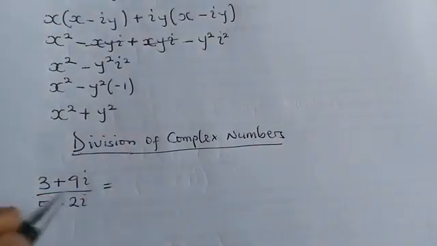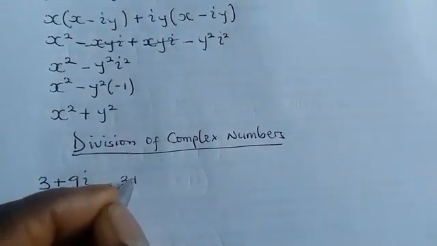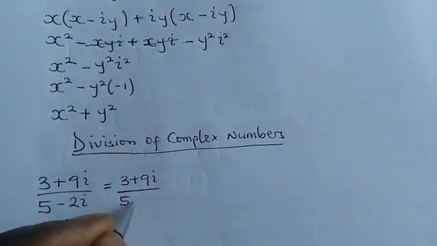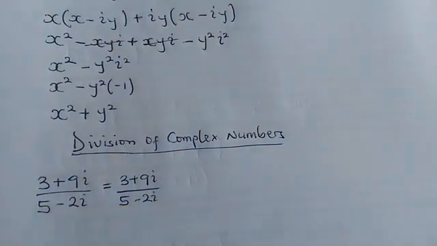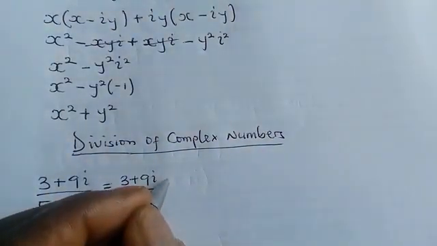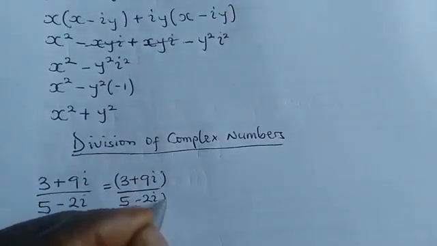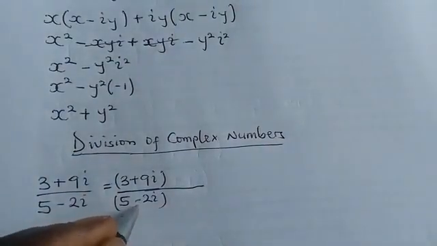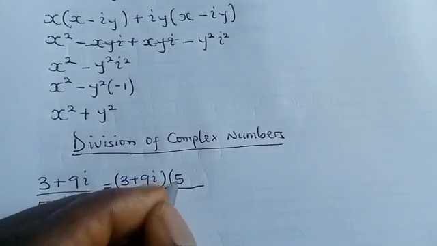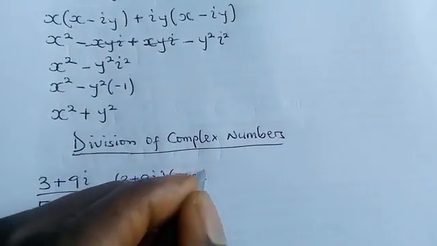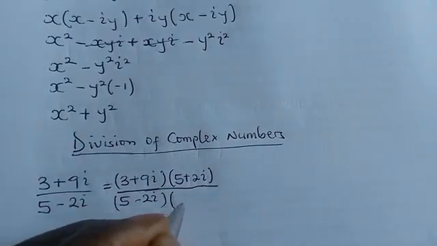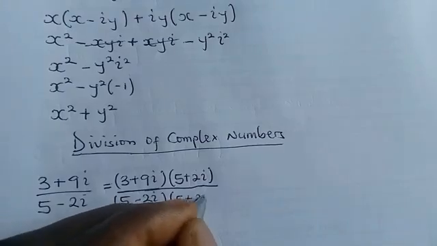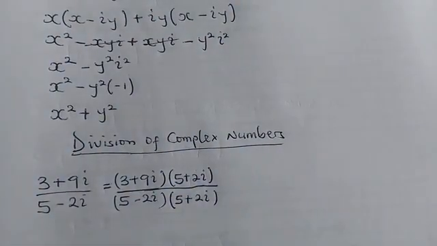That is, we are going to have 3 plus 9i divided by 5 minus 2i, multiplied by the conjugate of this, that is 5 plus 2i, and then divide also by that same conjugate, 5 plus 2i, right?